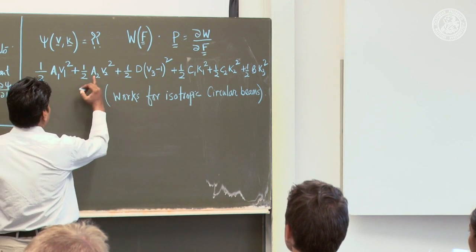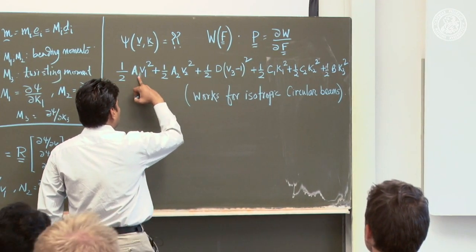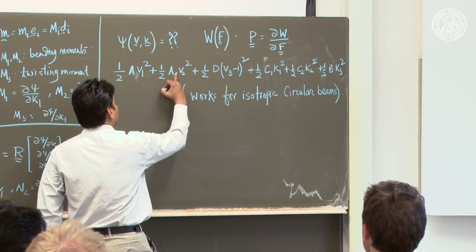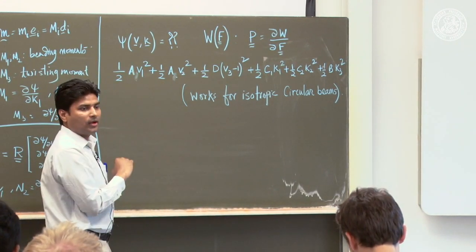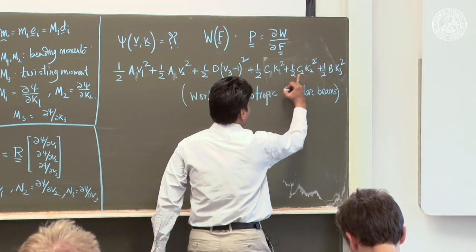If it is circular, A1 and A2 are the same, so I'll just have A at both places, and C1 and C2 would also be the same.